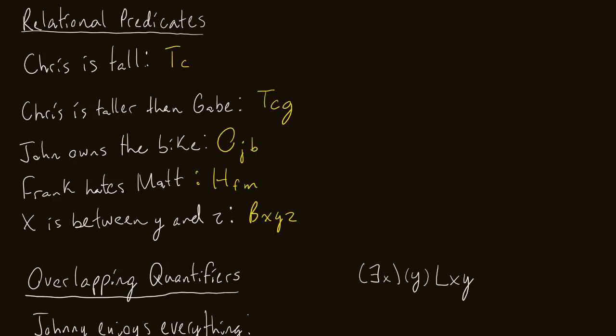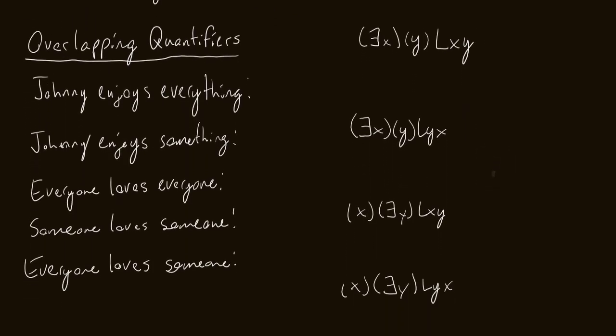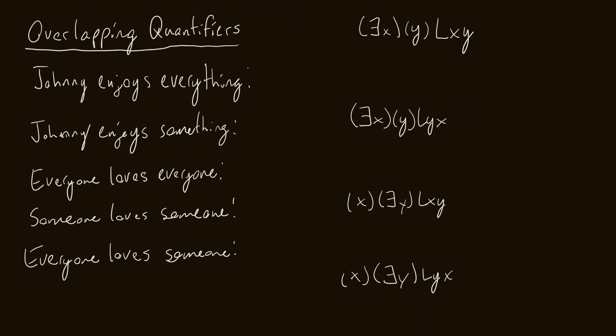Now what I want to talk about are overlapping quantifiers. So if I have statements that can be quantified, sometimes we'll have overlapping quantifiers, and we need to discuss those kinds of translations and the differences between them. So if I say Johnny enjoys everything, that's going to be a universally quantified statement, right?